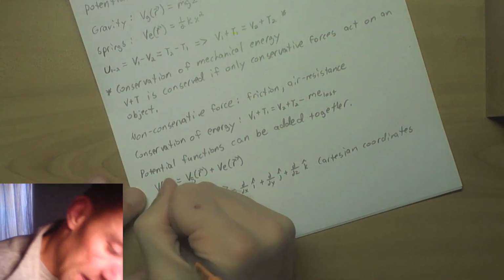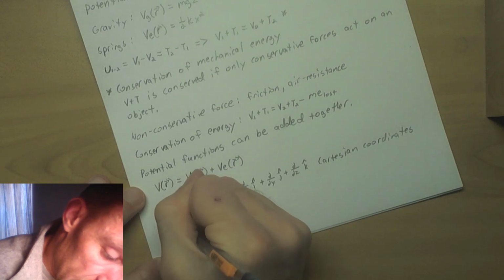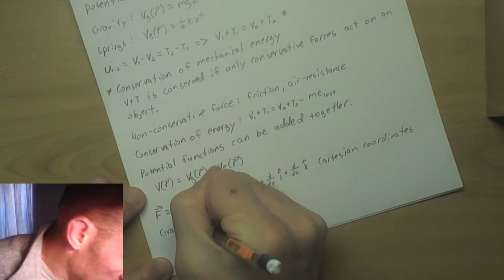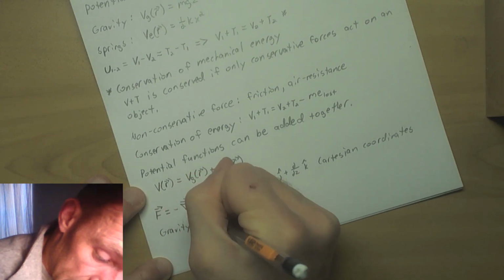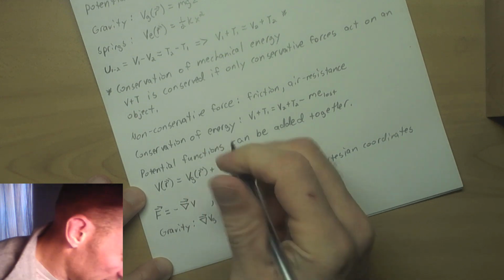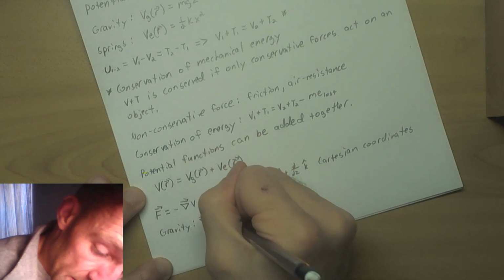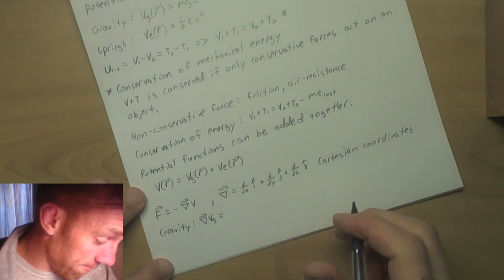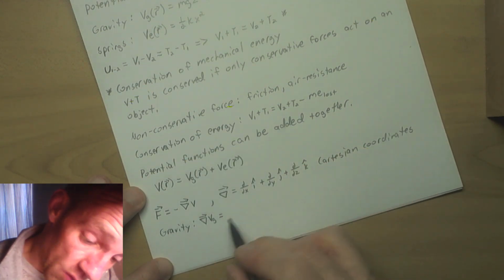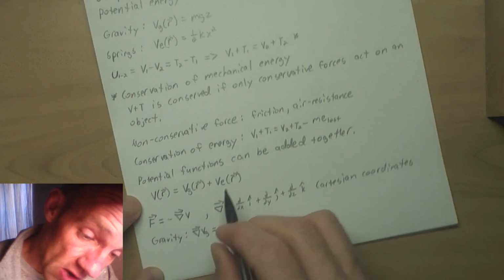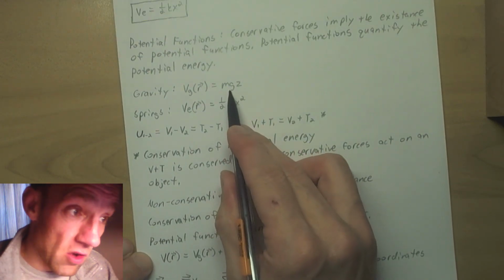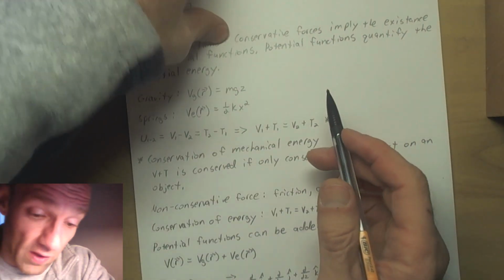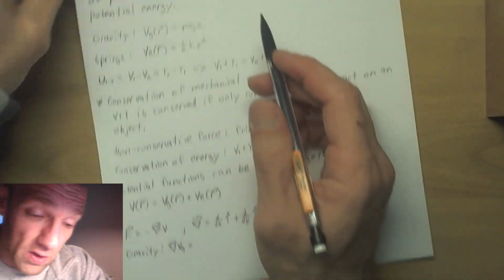And for gravity, just for completeness, I want to write this out. So if the Vg is mgz, right? That's the function that gives me the potential for gravity.